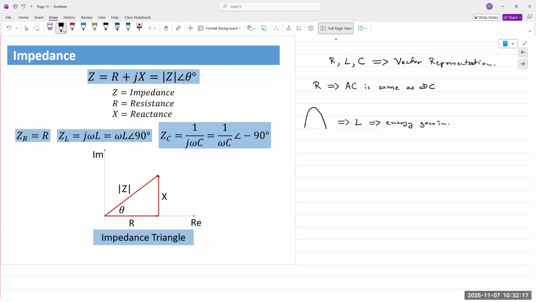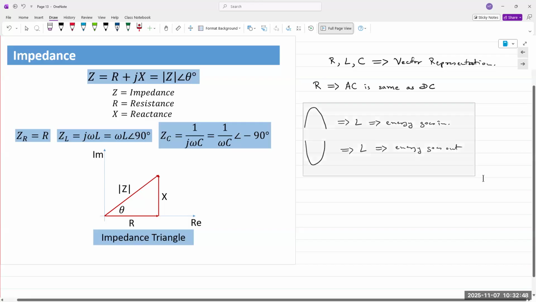What happens in the negative half cycle? It goes out. The exact opposite happens. Energy goes out. In a capacitor, the exact same thing happens, but the cycles are flipped. And I want to represent this as a sine wave being applied. So let's move this down.